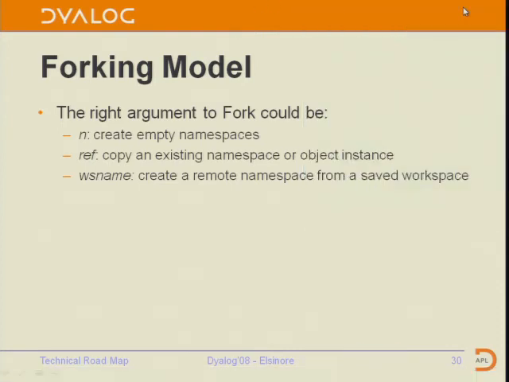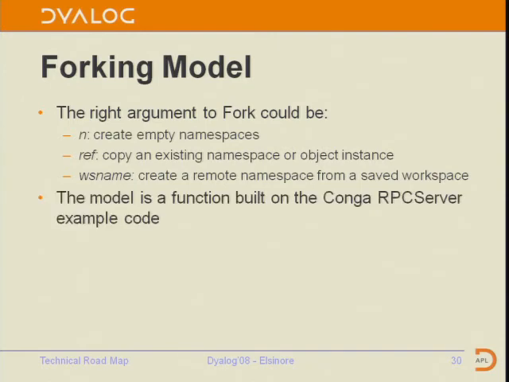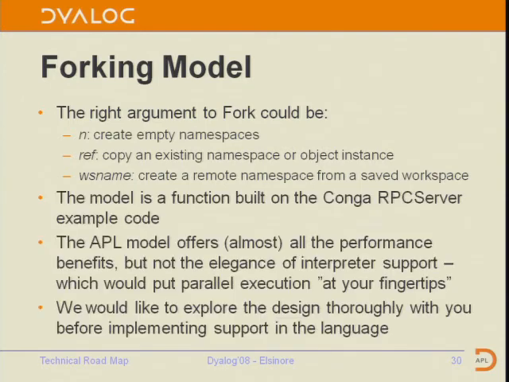So the arguments to fork could be, create some empty namespaces, a list of references to instances or namespaces. You then get those encapsulated outside the workspace. A workspace name, create a remote thing from a saved workspace. And the APL model gets almost all the performance benefits, but not the elegance of integration with the interpreter, which would really put parallel execution, I think, at the fingertips of an APL user.